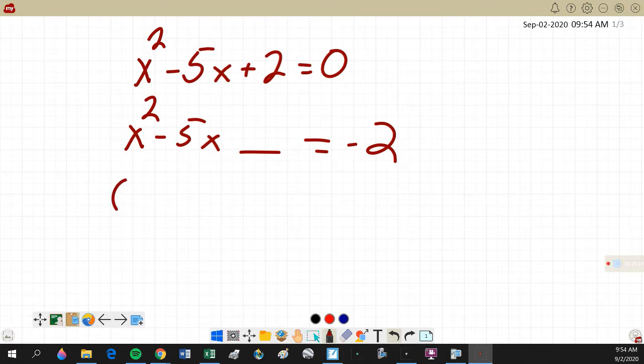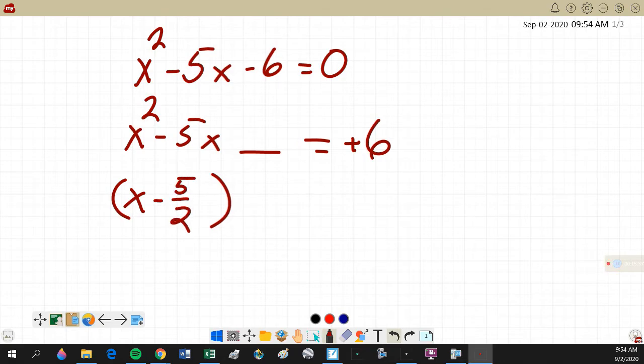So, what goes in here? And actually, let's do one that works. Let's say -6. And then we'll do one that's a little bit harder in a second. So half of -5. I'm just going to write -5 halves.